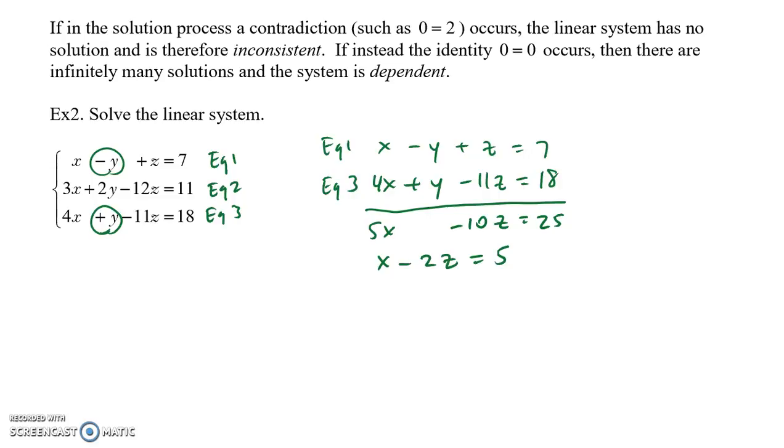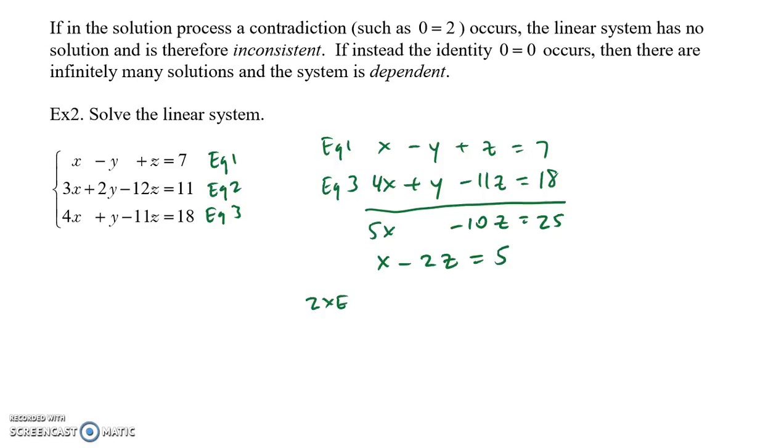Let's pair equation 1 with equation 2 and multiply equation 1 by 2 so that we have negative 2y and positive 2y. So I'm going to multiply equation 1 by 2.